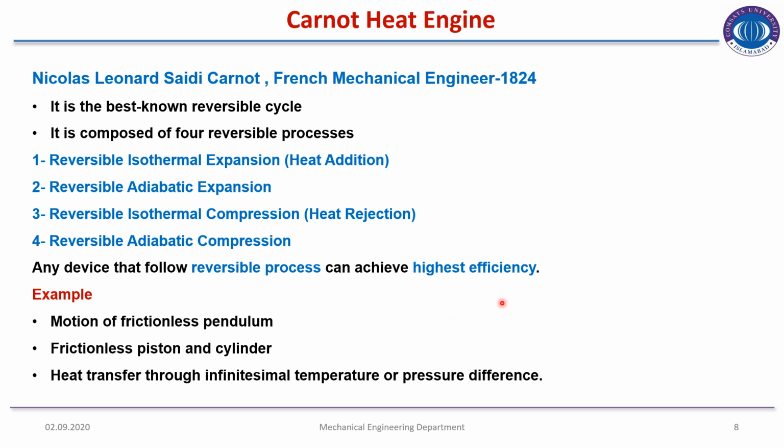Or we have to transfer a fluid from a pressure of 200 megapascal to 200.001 megapascal. The pressure difference between these 2 points will be very small. So this process is said to be a reversible process.